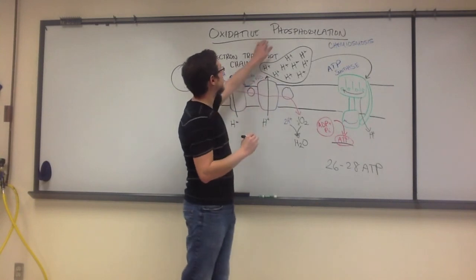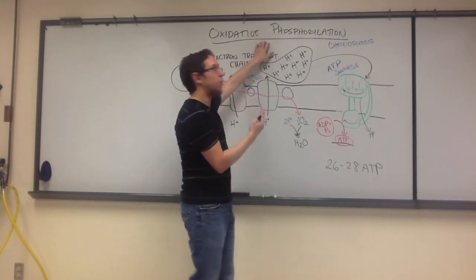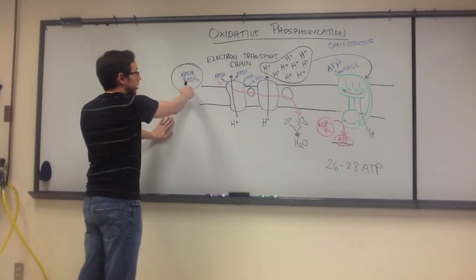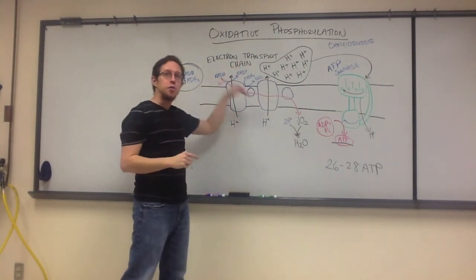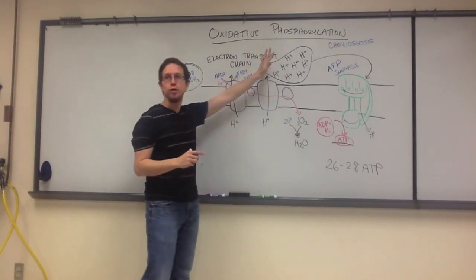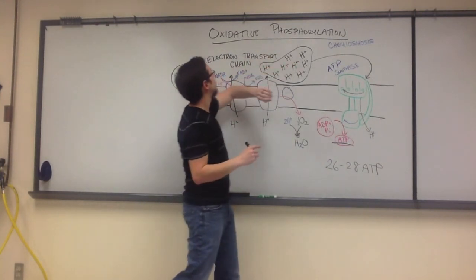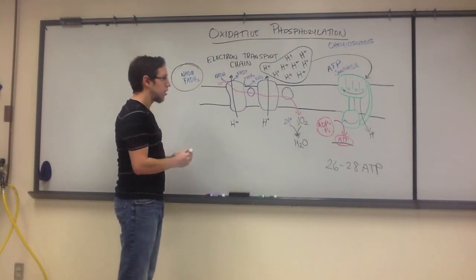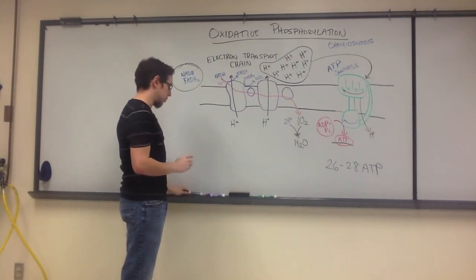So this is why this process is so important, and why the production of these electron carriers that will be oxidized, thereby donating their electrons to the electron transport chain, are so crucial in the overall progression of oxidative phosphorylation. So that is aerobic cellular respiration.